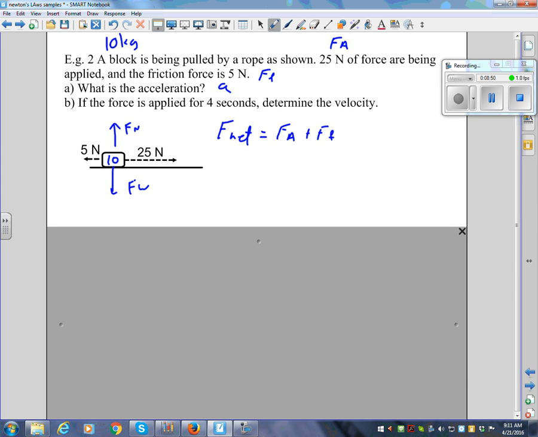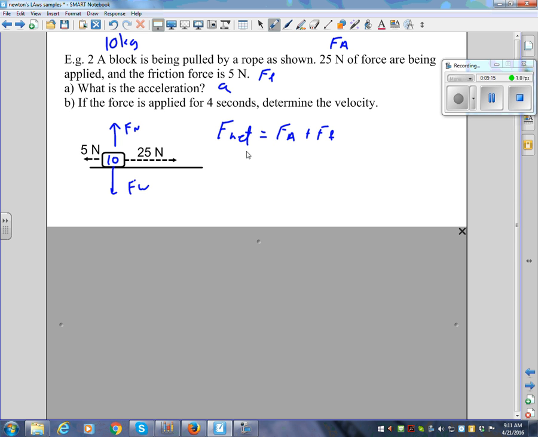Now I'm just going to stop there for a second. And I'm going to wait for someone to ask me the question that someone always asks right when I get to this part. Is it negative? Excellent question, Dan. Well done. Should it be FA minus FF? Well, it's going to end up being that, but really, it's the formula.